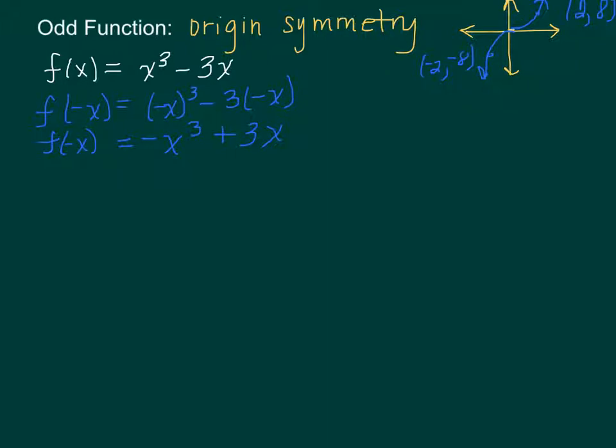So if you notice, the signs changed for both of the parts in the equation. So that means that f of negative x is equal to negative f of x. So it's like the opposite. And all the signs have to change.